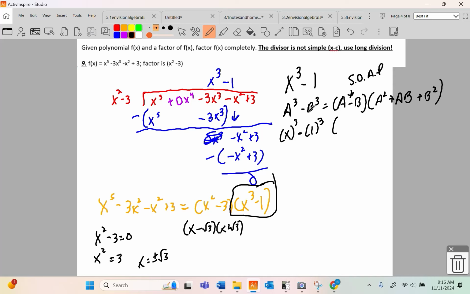So a is x, b is 1: x minus 1, x squared, plus 1 times x is x, plus 1 squared, which is 1. So that I'm going to insert right down there. x minus 1 times x squared plus x plus 1.